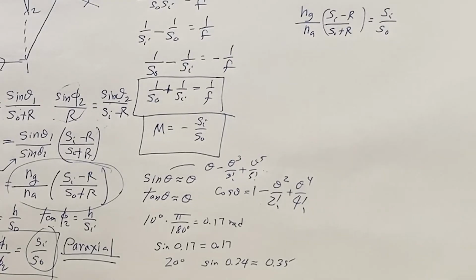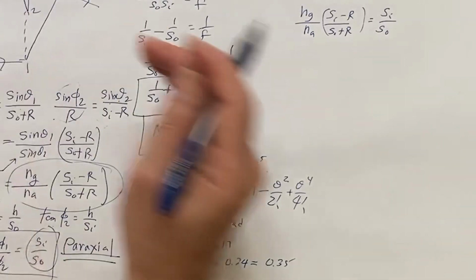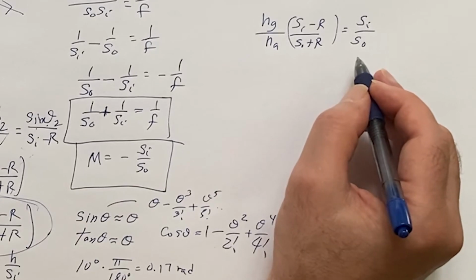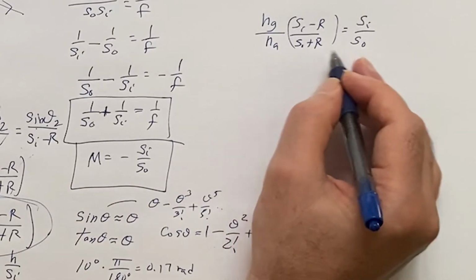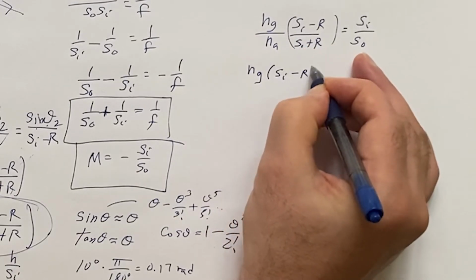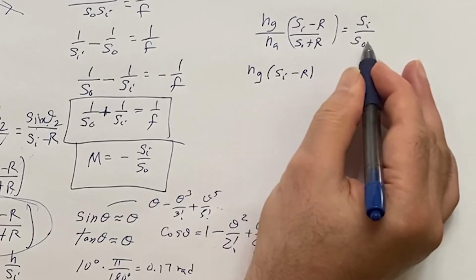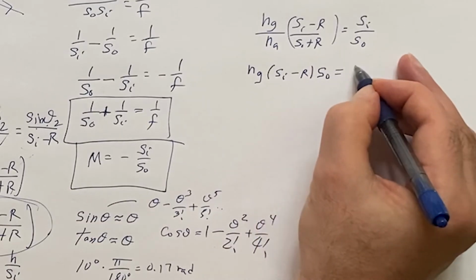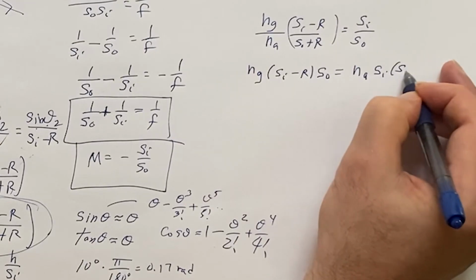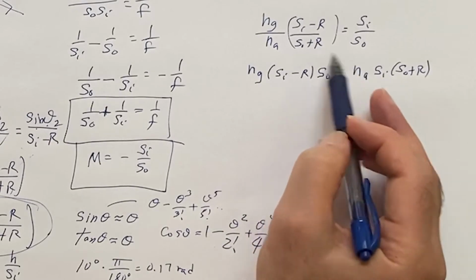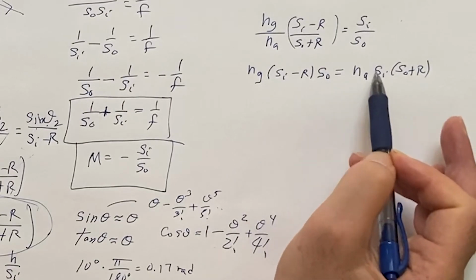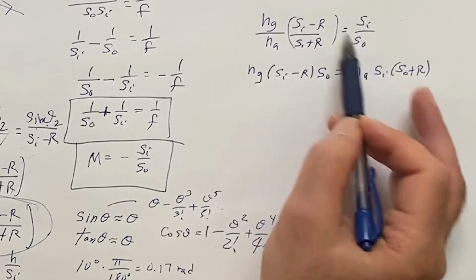All right, algebra. So let's start cranking away. What we do here is we get rid of the denominator. So we're going to want to have Ng times Si minus R times So is Na on the other side, Si times So plus R. So we basically bring the denominator to the right side, and we bring the denominator here to the left side.